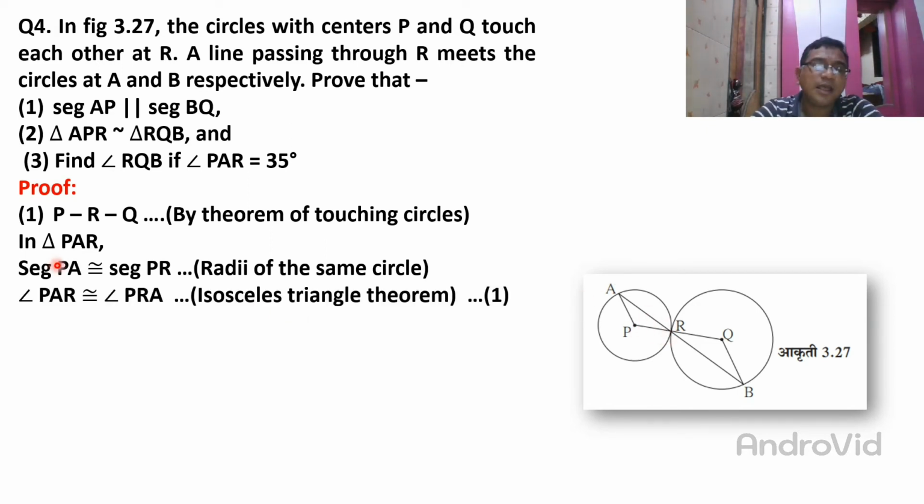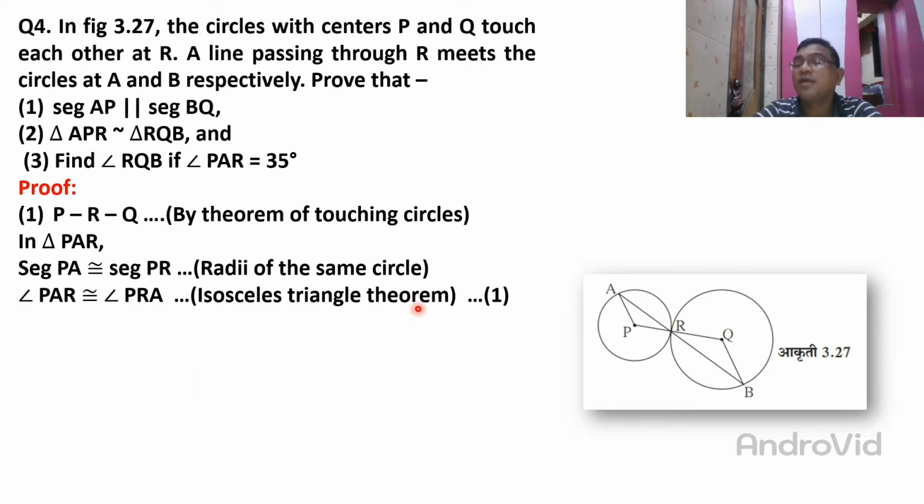So we write angle PAR congruent with angle PRA, isosceles triangle theorem.